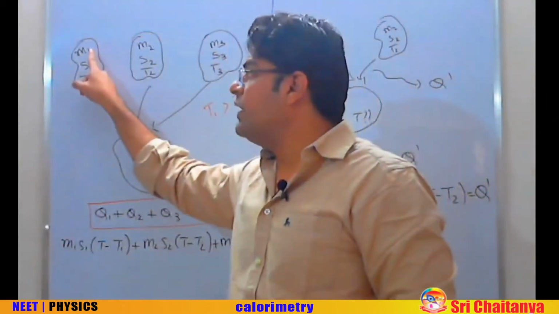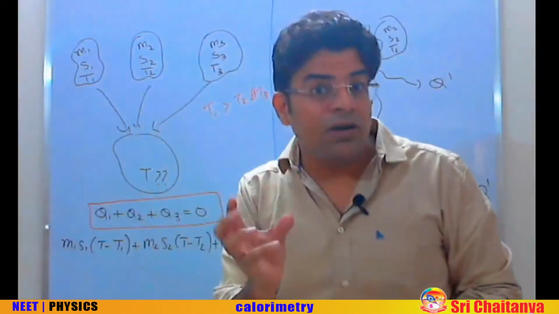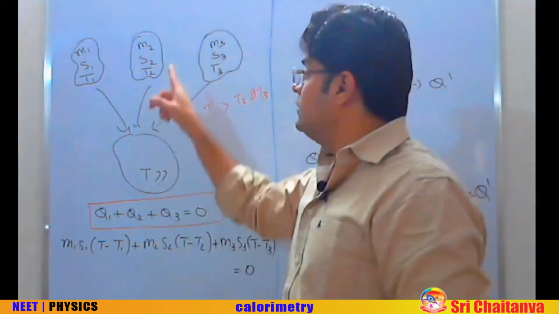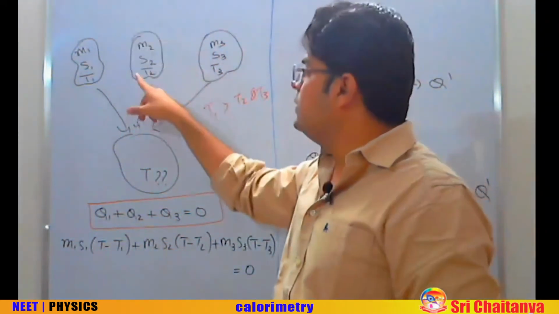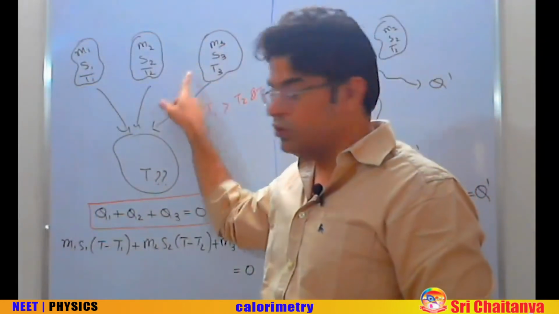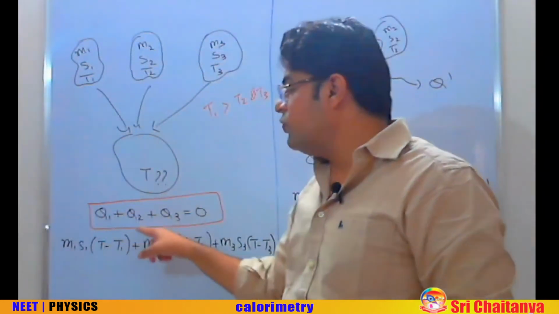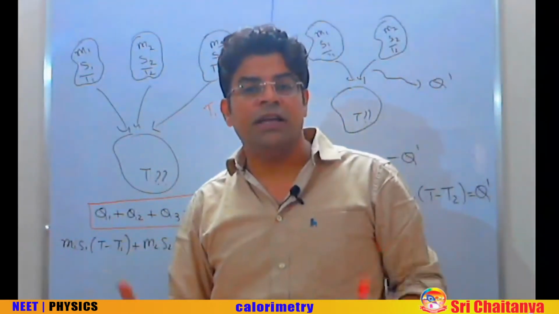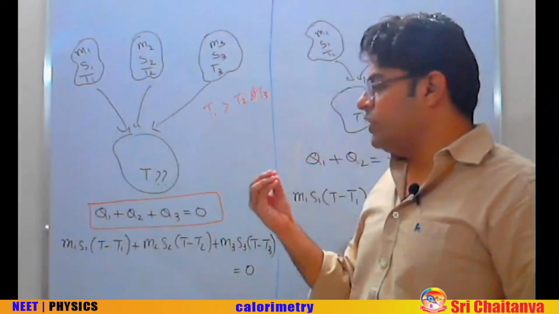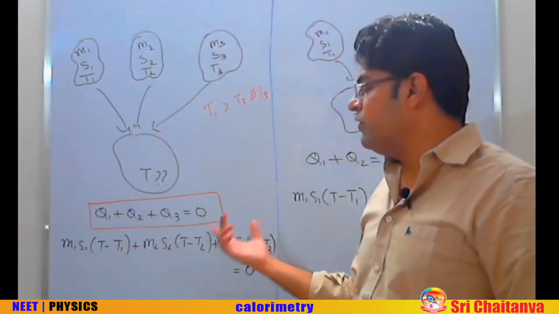If 1 gives out heat, then heat given to 1 will be treated as negative. Since 2 and 3 take heat, let's say from 1, then the heat given to 2 and 3 will be positive. So in that case, Q1 will be negative and Q2 and Q3 might be positive, and they will add up to 0 if no external heat has been provided. So simply use heat given to 1 plus heat given to 2 plus heat given to 3 equals 0.